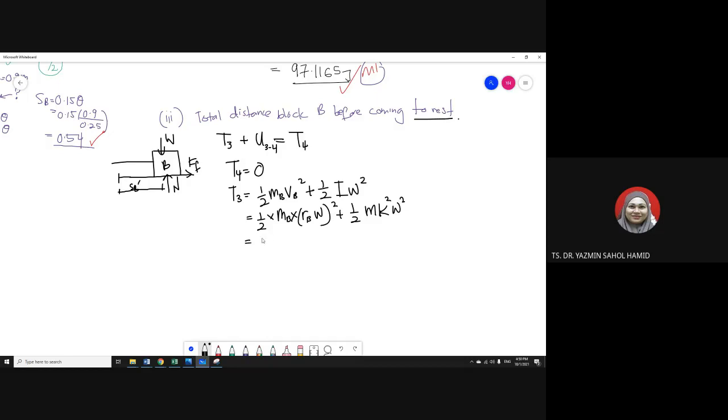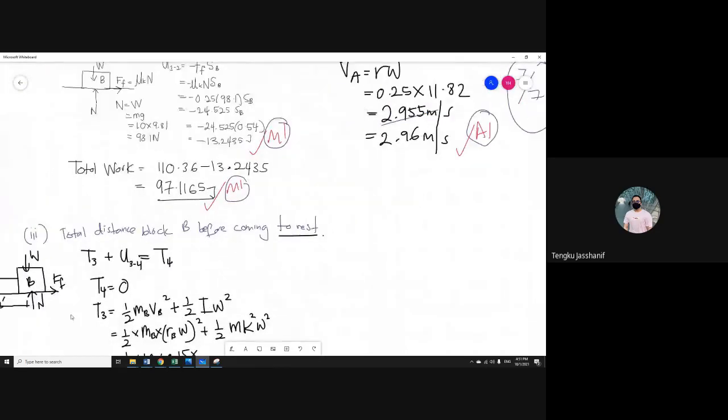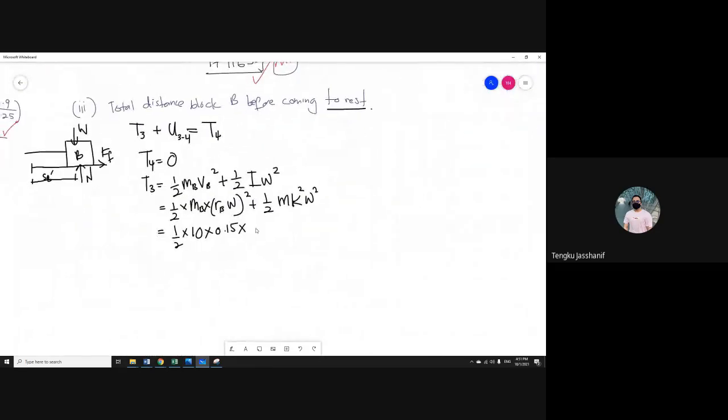Our R is 0.15 times omega squared, plus, omega we already got. What is our answer for omega? 11.82.